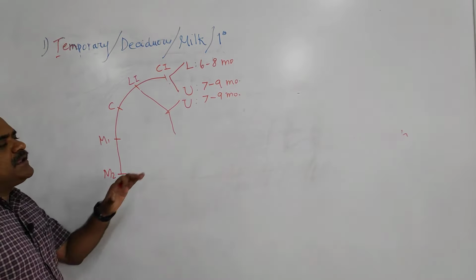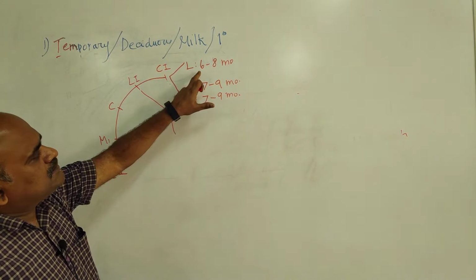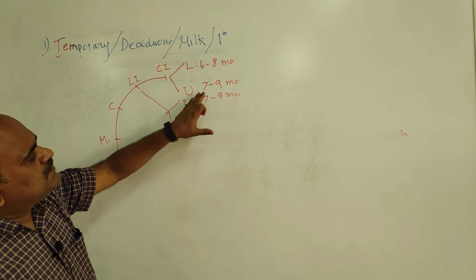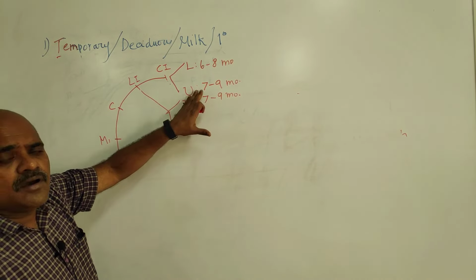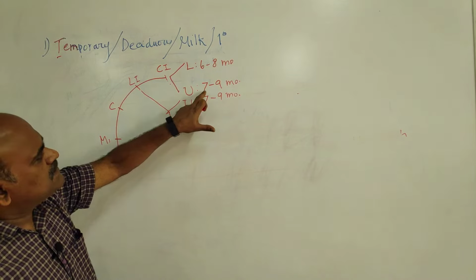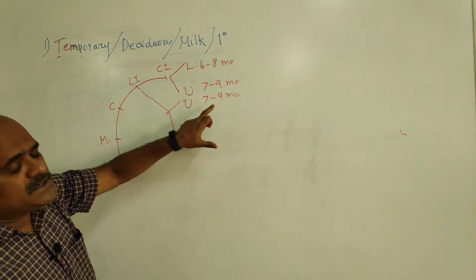So by 9 months, the child will have both the lower central incisors and the upper central incisors also: lower central incisor, upper central incisor, upper lateral incisors.